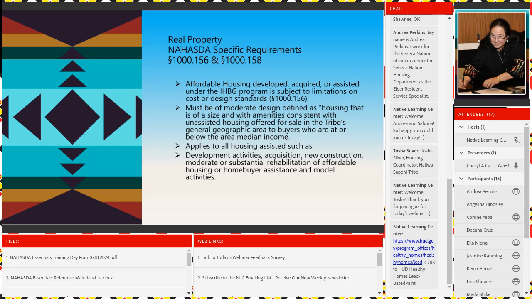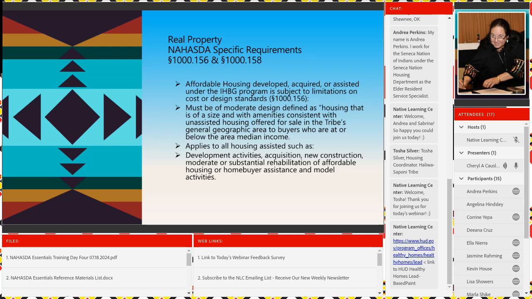So the specific requirements under NAHASDA at 156 and 158 are housing developed, acquired, or assisted under our block grant programs are subject to limitations on cost and design under 156, has to be of moderate design, defined as housing of a size with amenities consistent with unassisted housing offered for sale within the tribe's geographic area to buyers who are at or below the area median income.